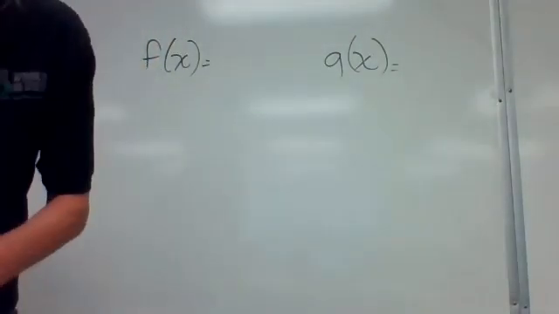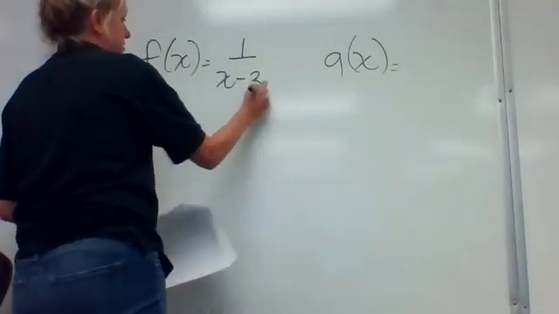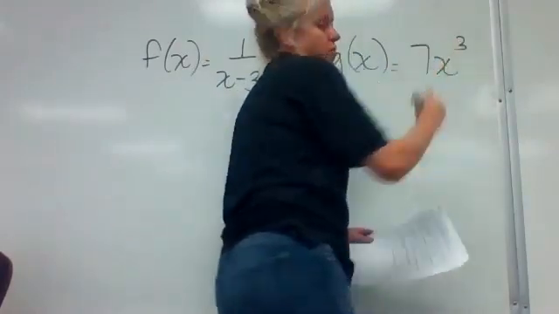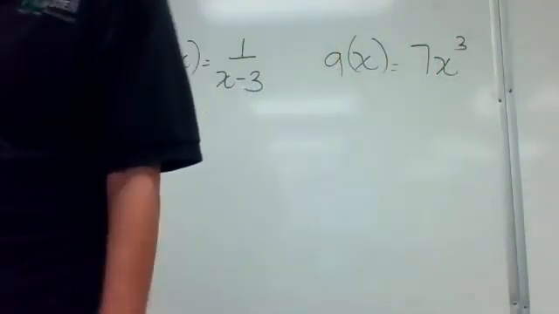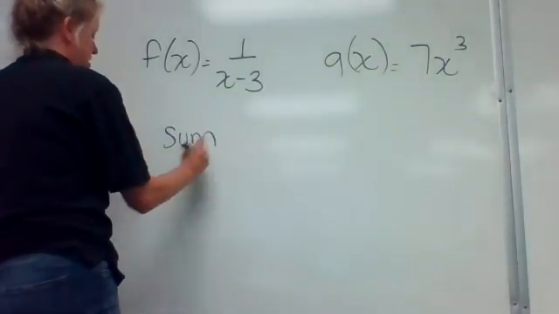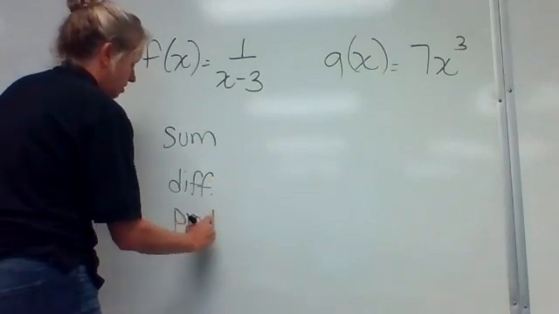Number 15, f of x is 1 over x minus 3. G of x is 7x to the third. And it wants to know the same thing. What is the domain of the sum, the difference, and the product?